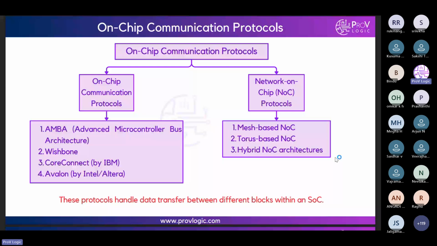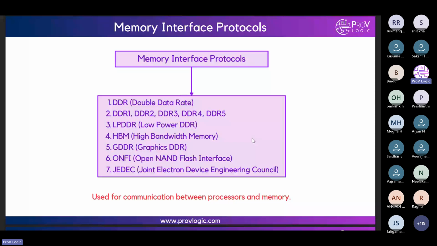And memory interface protocols, mostly DDR, double data rate, which defines how the data is transferred and the speed of data, processor to memory. So DDR, DDR1, DDR2, DDR3, DDR4, DDR5. In this particular course we will be learning DDR also, and the RISC-V processor.